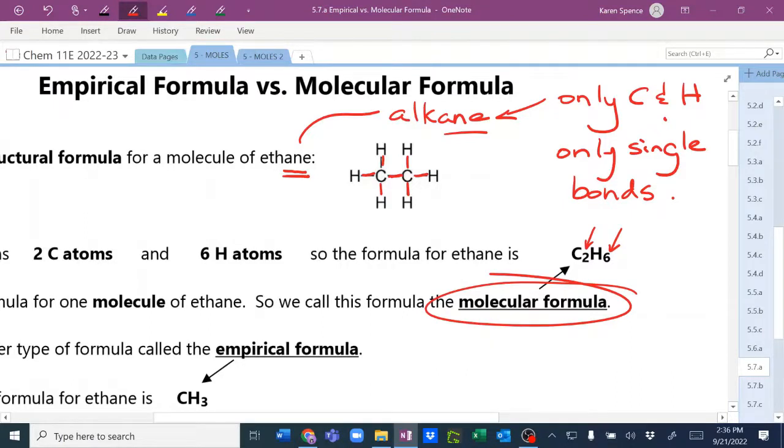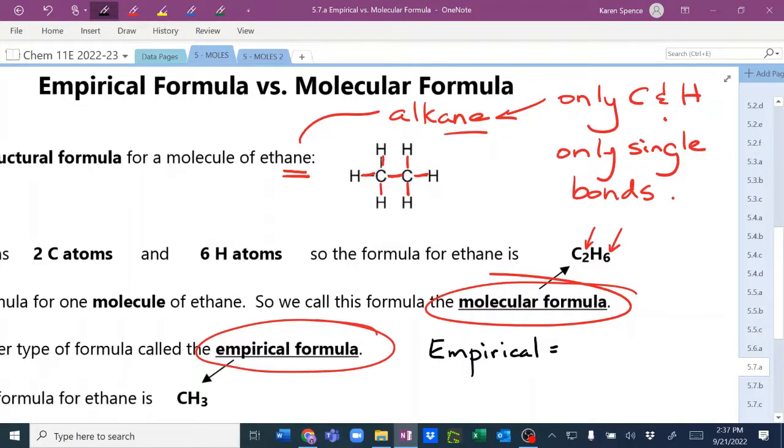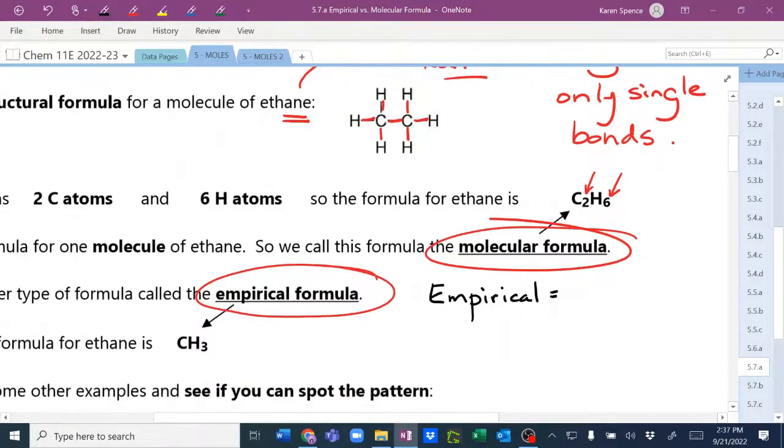There is a third type of formula, and that is called the empirical formula. Do you know the meaning of the word empirical? You'd think it had something to do with empire, but it actually doesn't. It is from your own experience, from experiments that you've done. So it's determined experimentally, not something you've done in theory.